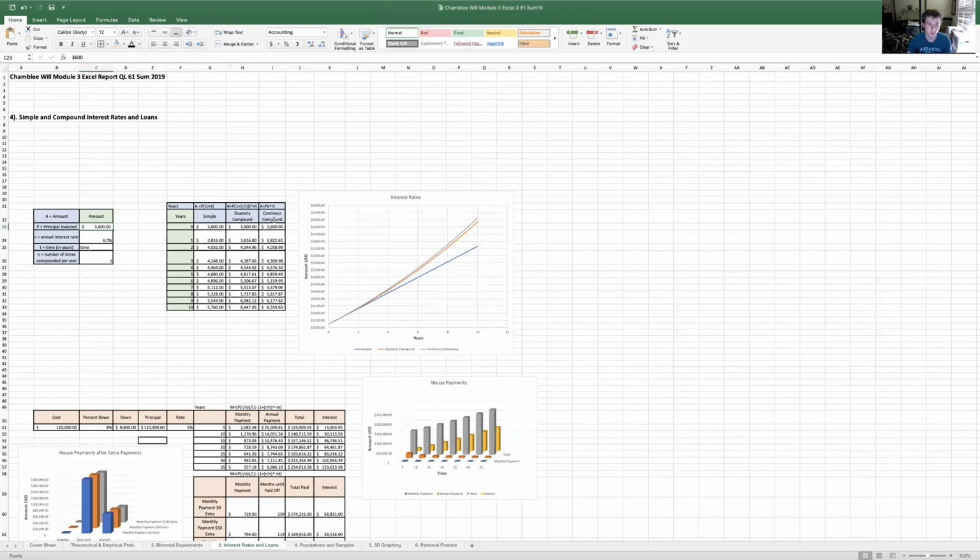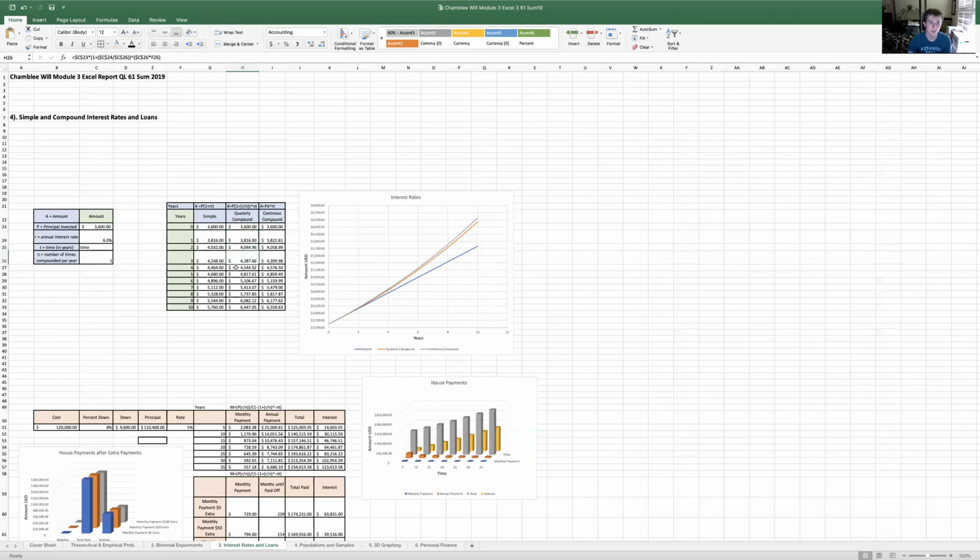On quarterly or continuous compound, the interest compounds each month. So the first month you'll pay that $3,600 plus the 6% the first year. But then instead of paying the interest off of this, like the simple, you'll pay the interest off of what you paid last year. So you see it's a little more.